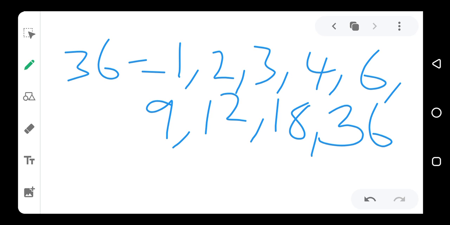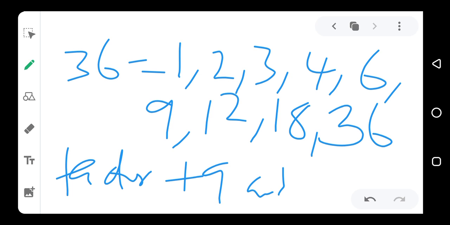When we multiply them, it gives us minus 36, and when we add them, it gives us plus 5. So we are picking plus 9 and minus 4, and we use them to replace the value of b in the equation.